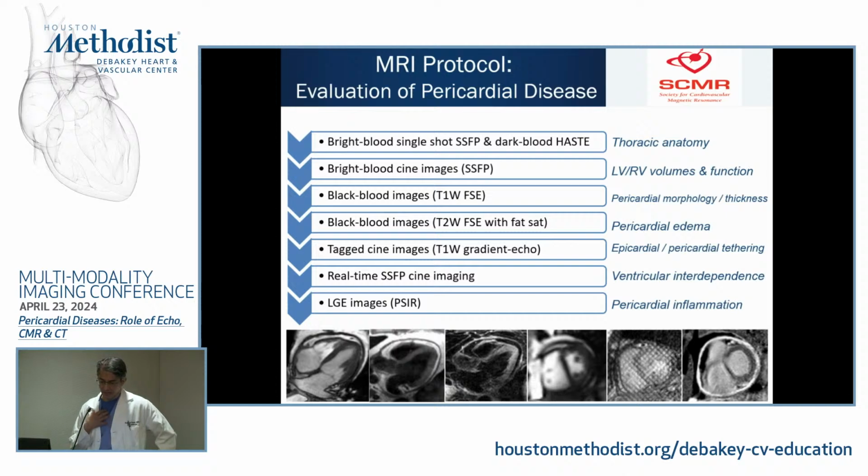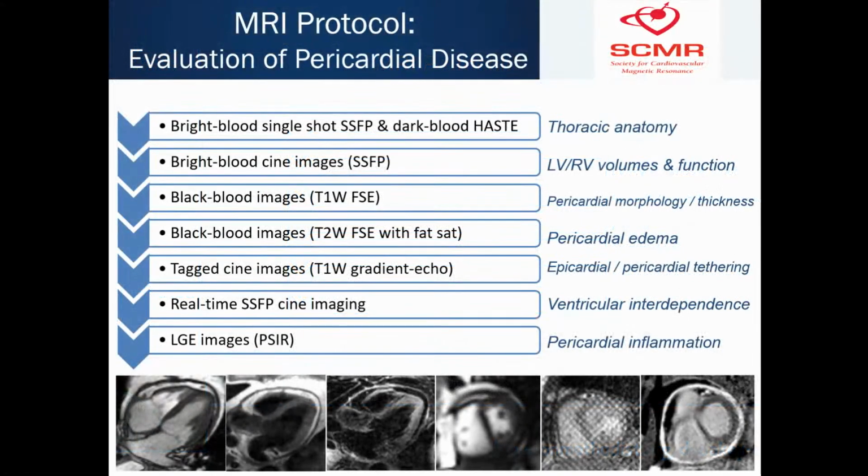Before I get going, a little bit of understanding: with MRI, there are a lot of different pulse sequences. Each of these pulse sequences is applied to learn something different about the heart. So for example, a classic protocol that we use includes bright blood single shot SSFP and dark blood HASTE of the chest.